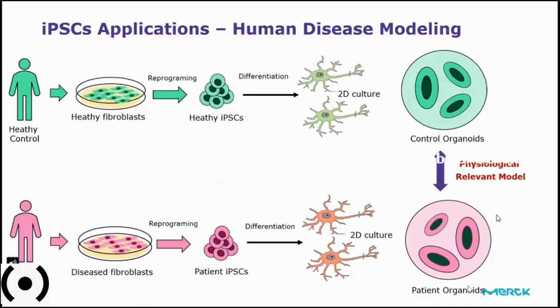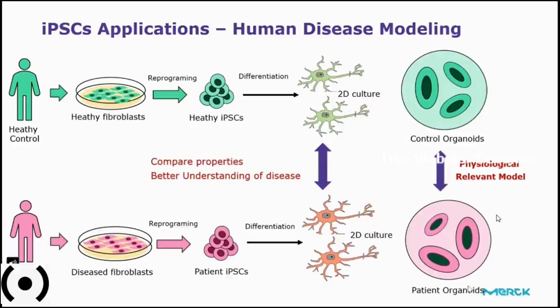You can always compare the properties of these 3D or 2D cultures of healthy and patient neurons and organoids to have a better understanding of the disease. So that's why iPSCs have a huge application as human disease model systems, because they are derived from human cells. Nothing is better than human cells rather than doing it on animals, right?